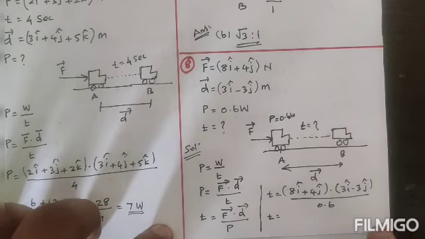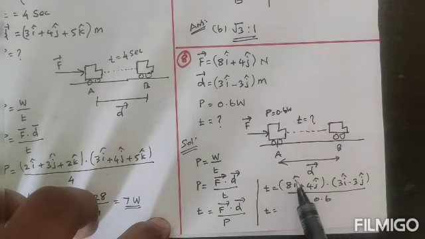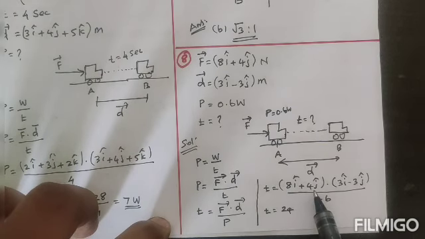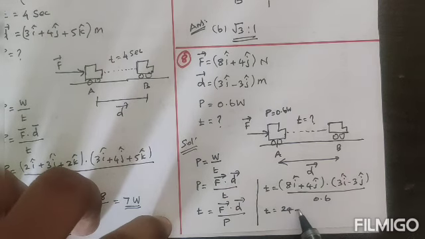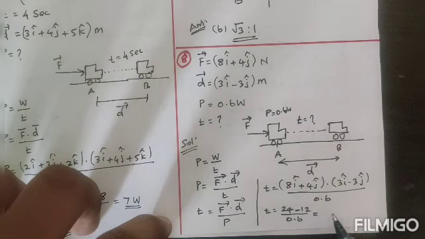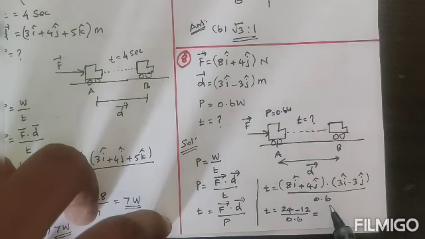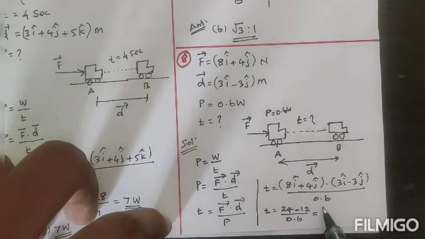Therefore time is equal to 8 into 3, that is 24, plus 4 into minus 3, that is minus 12, divided by 0.6. So 24 minus 12 is 12.